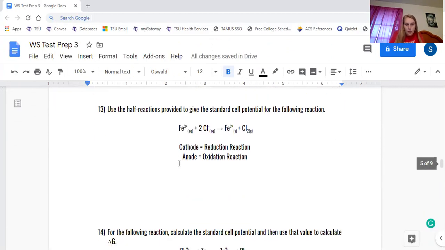Okay, cool. Use this equation. E cell is cathode minus anode. And the cathode, we're going to have to figure out which one we need to find out.